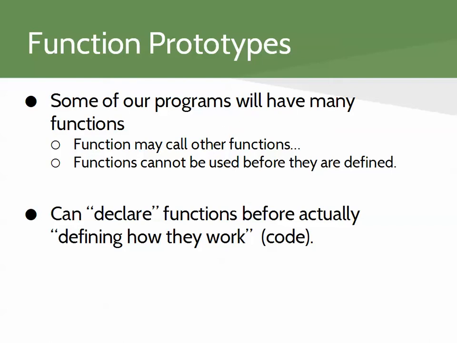And that's okay when you only have a few functions. It ends up with main all the way at the bottom of our source code and our helper functions towards the top. And that works fine unless you start to have lots of functions.